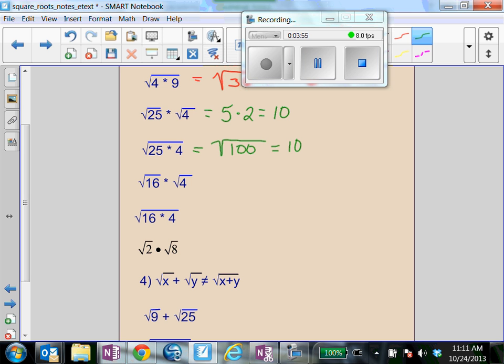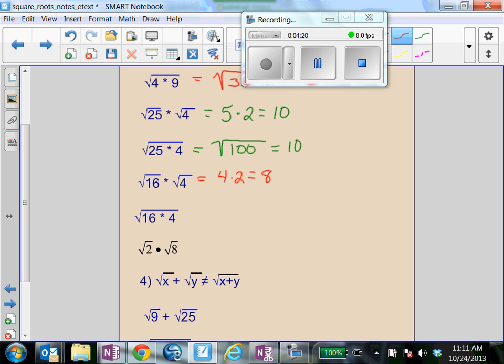In the next example, we have the square root of 16 times the square root of 4. Square root of 16 is 4, square root of 4 is 2, so that gives us 8. Now, the example after this is a great example of where using this rule that we just learned, it doesn't matter if you break them up or multiply first or take the square root first.